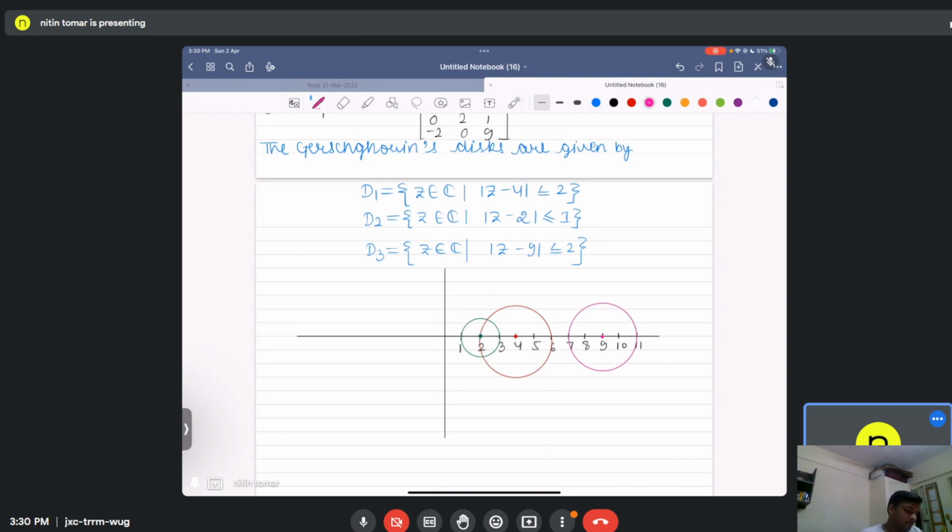Yes. So let us color code this. This is your D3, this is your D2, and this is your D1, right? D1, D2, D3.